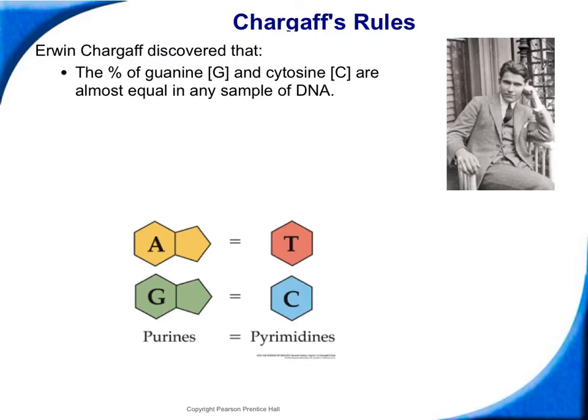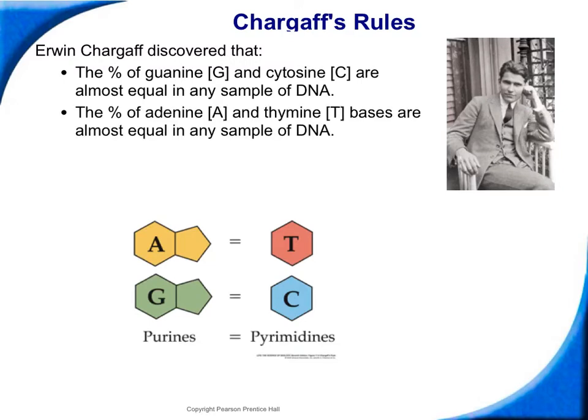And he had studied DNA and had analyzed these bases, and he found that no matter where he got the sample from, the percent of G and C were always balanced. And the same was true of A and T. There was always an equal amount of A and T in any sample.